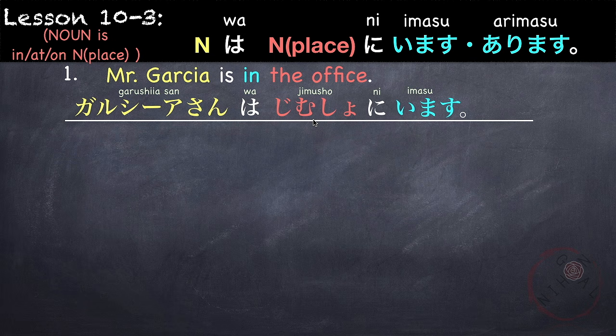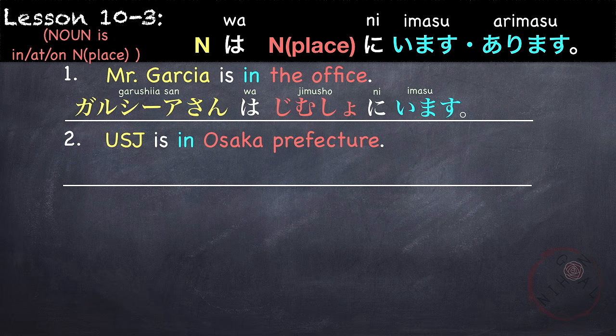Another example, USJ is in Osaka Prefecture. USJ is short for Universal Studios Japan. And it is in Osaka Prefecture. USJ, so it's the katakana pronunciation of USJ.